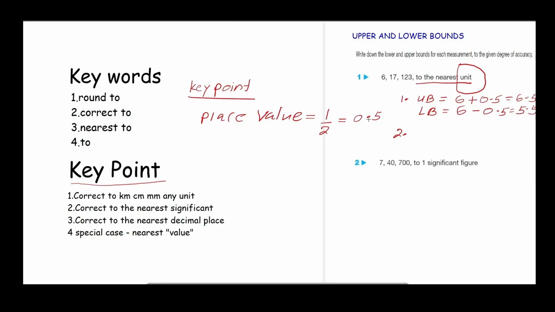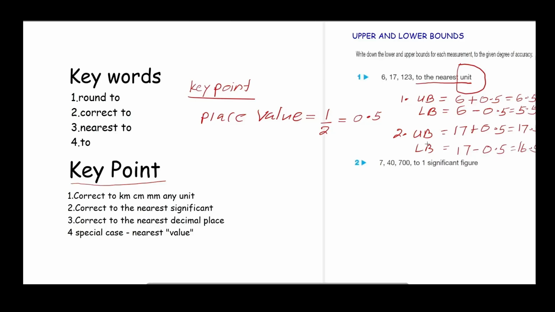Still the key point is 0.5 because all these three measurements are rounded or corrected to the nearest unit, therefore it is 0.5. Then this one's upper bound is 17 plus 0.5, which is 17.5. And lower bound becomes 17 minus 0.5, which is 16.5.